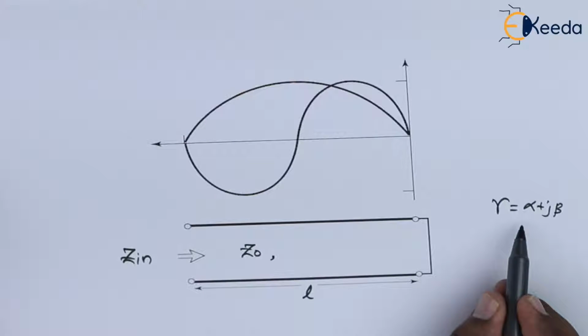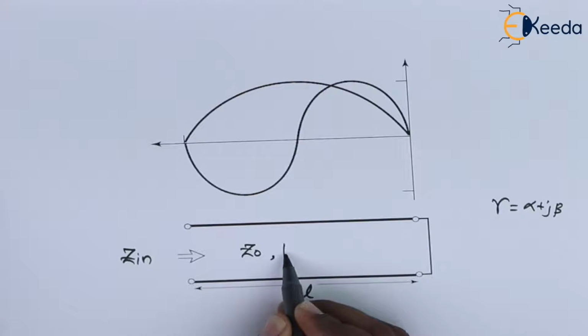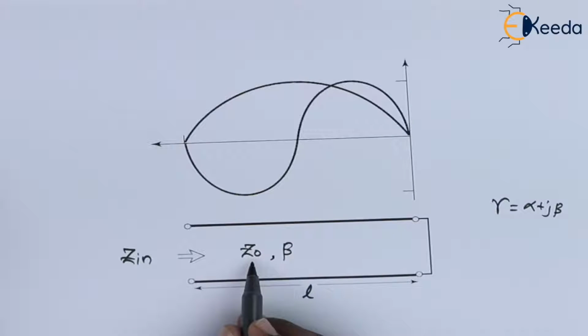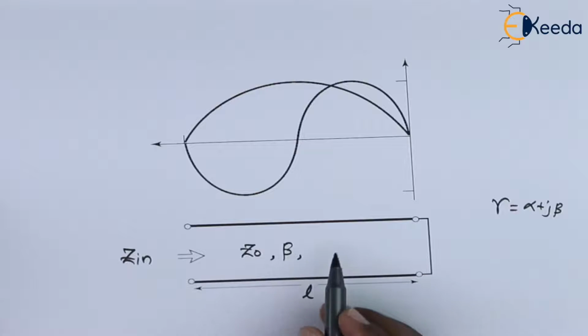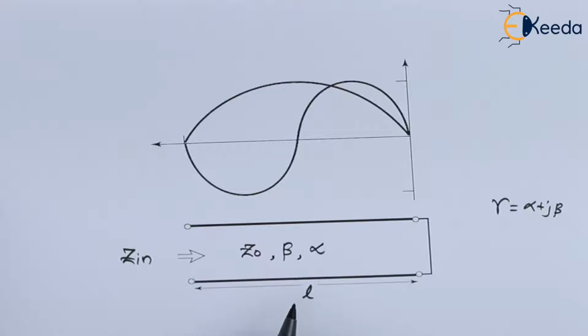In the ideal, lossless condition, alpha is equal to 0, and the propagation can in general be denoted by beta. So for the transmission line section under consideration we have the characteristic impedance Z0, the propagation in terms of beta, and the attenuation constant alpha. This is the schematic we further analyze.